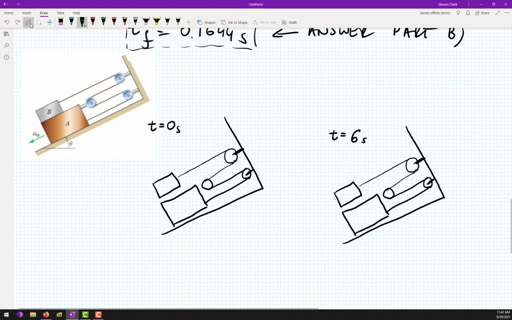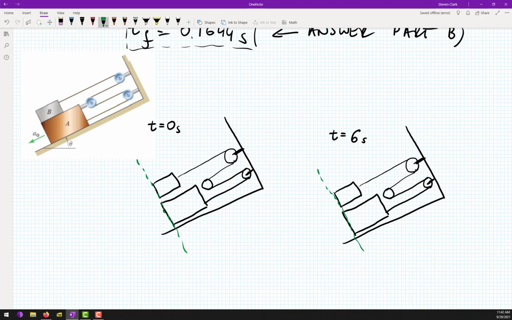So this is what happens at time instant 6 seconds. I just would like to put a marker here. These guys are aligned here, and I'm not going to do anything with that marker at 6 seconds.